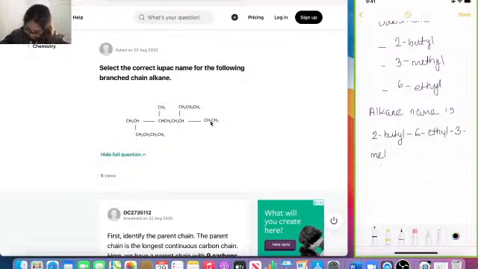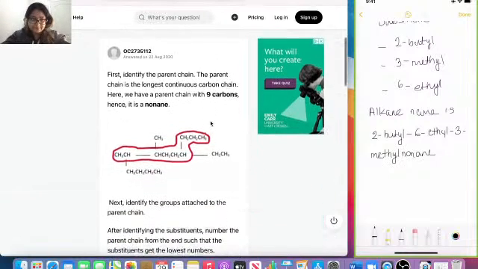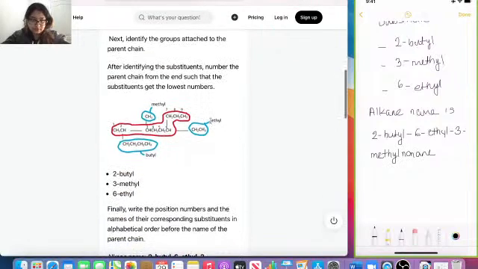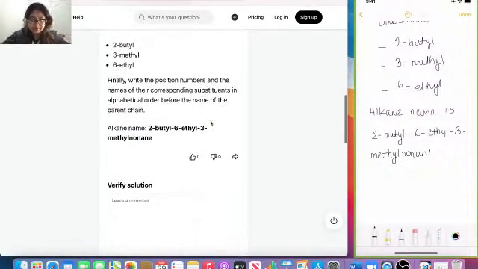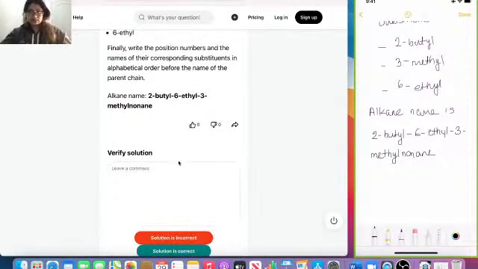You don't need a hyphen after this methyl, and it's just nonane. Okay, and so our alkane name is 2-butyl 6-ethyl 3-methyl nonane. Okay, and so this is what they have got.